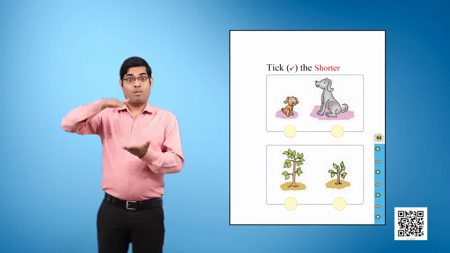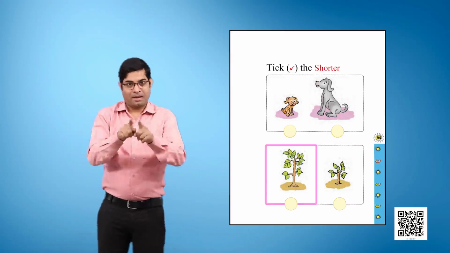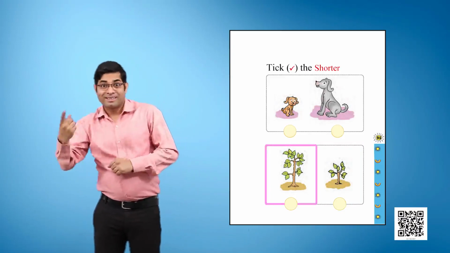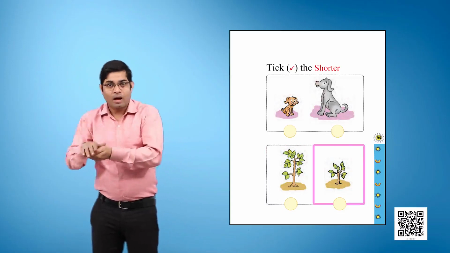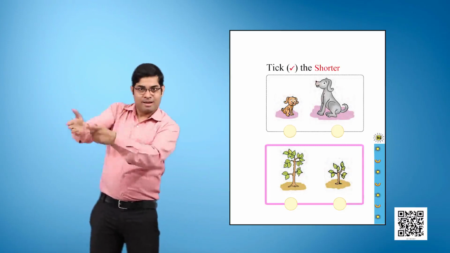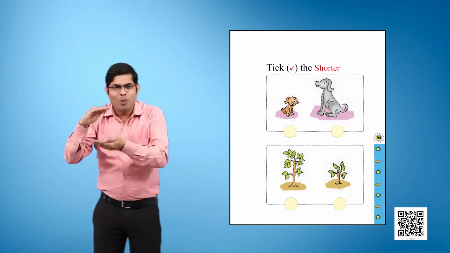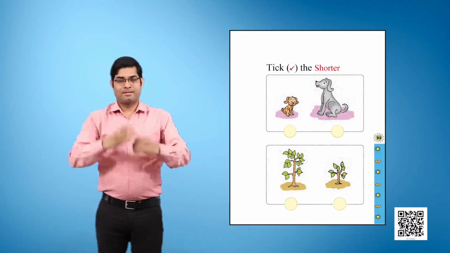Plant 1 is as tall as you are, and plant 2 is as tall as your arm. Question. You have to tell which one is the shorter plant.